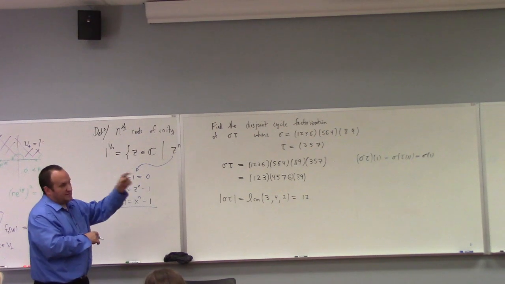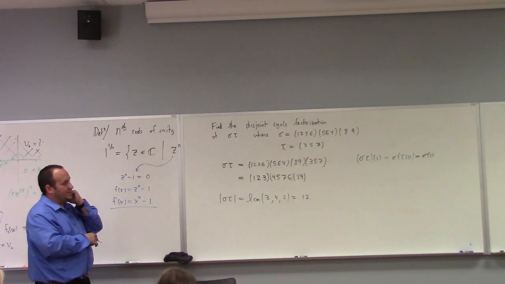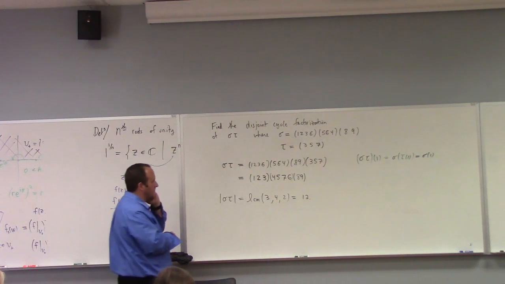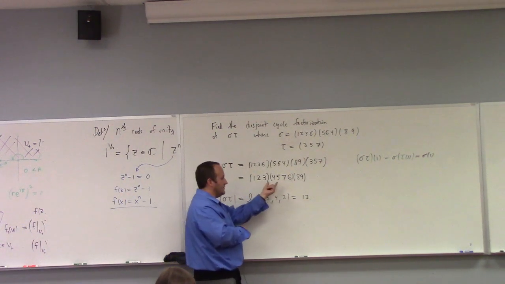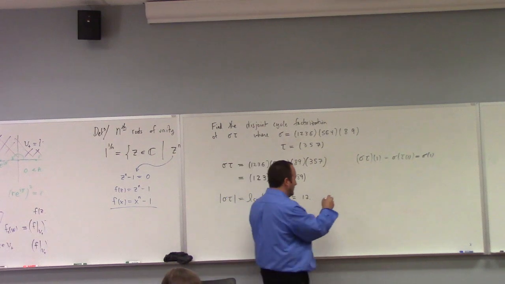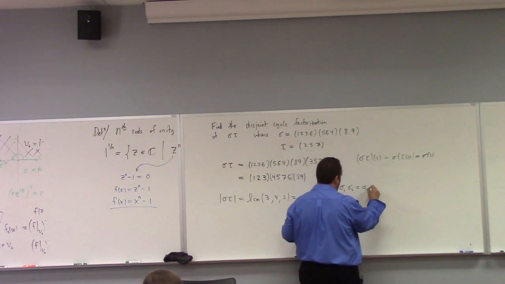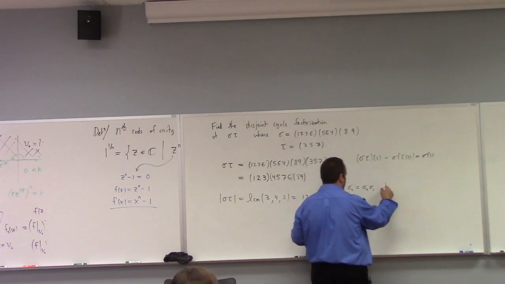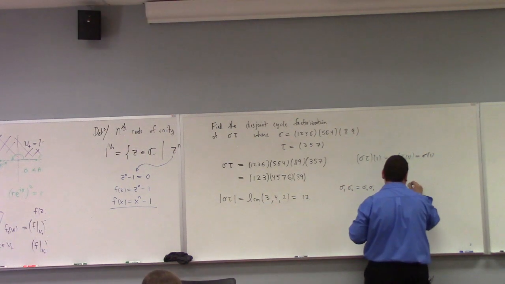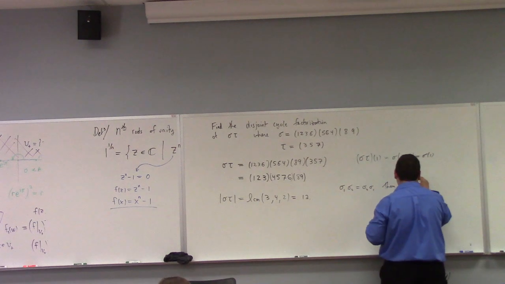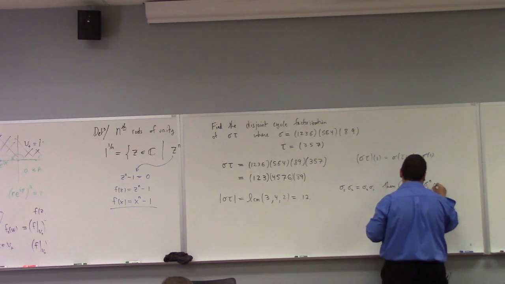If you raise that to the 12th power, what happens when you raise sigma tau to the 12th power? It raises each one of these to the 12th power, right? Because here's the thing. If we have sigma 1 and sigma 2, and sigma 1 sigma 2 equals sigma 2 sigma 1, then if you take sigma 1 sigma 2 raised to the power n, it's sigma 1 to the n, sigma 2 to the n.